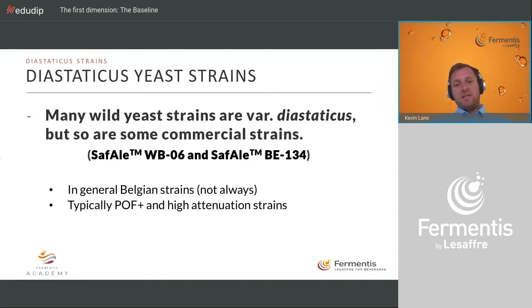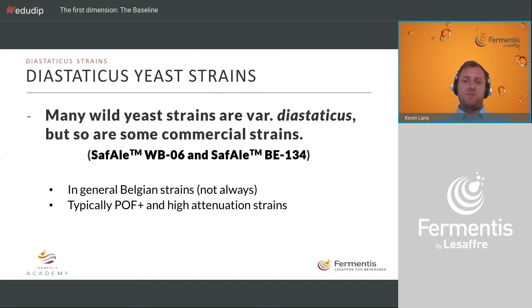When it comes to the strains that have this Diastaticus trait, many of the wild yeast strains are Diastaticus. So if you are one of those brewers that goes out and tries to collect yeast from sap or from a flower or from fruit or whatever you're using, I've heard of bark being a really great source of yeast, most likely you're going to catch some Diastaticus yeast.